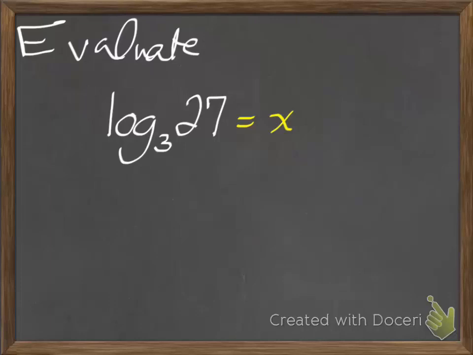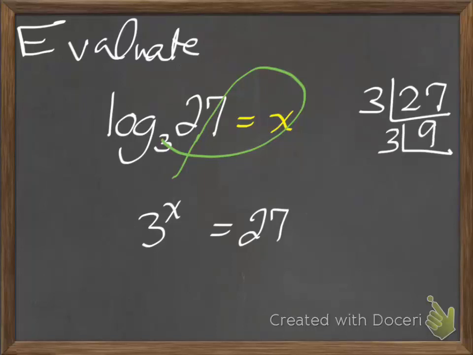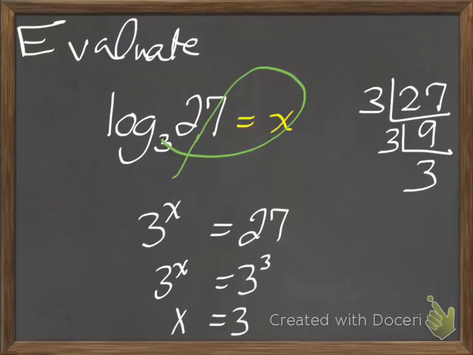So, 3 to the x is equal to 27. If you don't know it, use your upside down division and see how many times 3 will divide into it. And so that's the same thing as 3 cubed. So what would x have to be to make this true? 3. So if you don't know the factors, you have to use that, but you don't have to use that every single time.